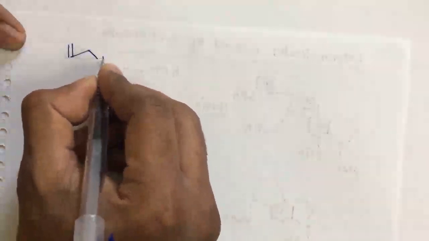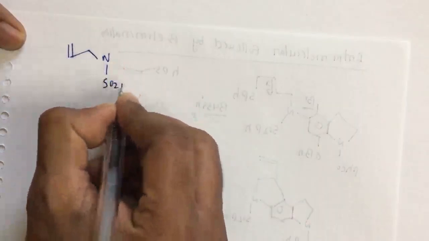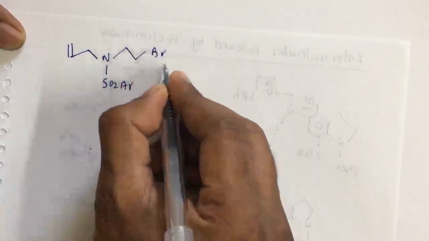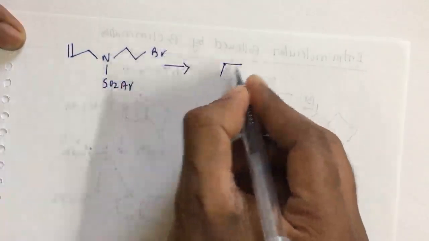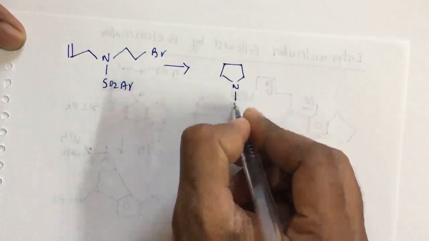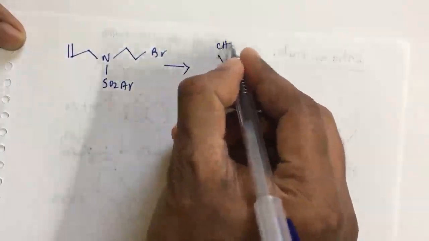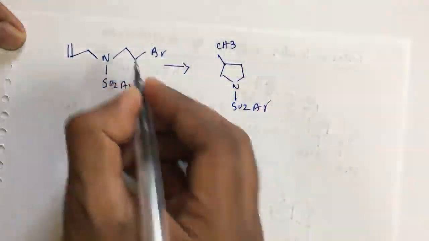And then SO2Ar, Br, here you will get CH3. Initially you will get a radical here.